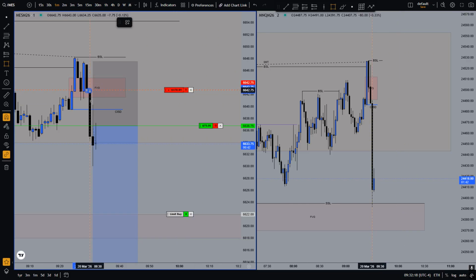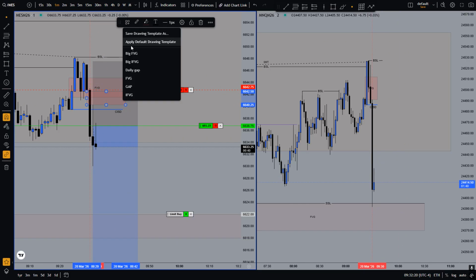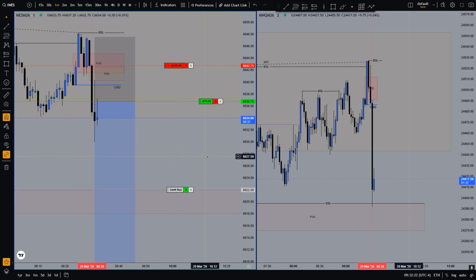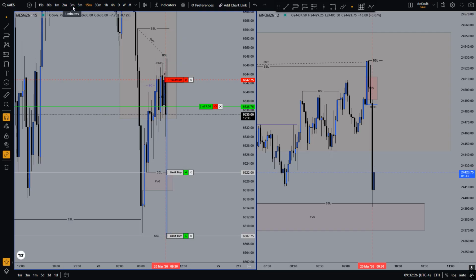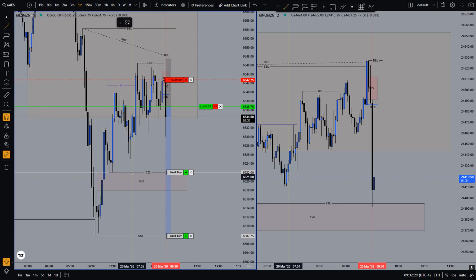See if we can continue lower here though. We have lots of room lower, so we're gonna go break even right here.